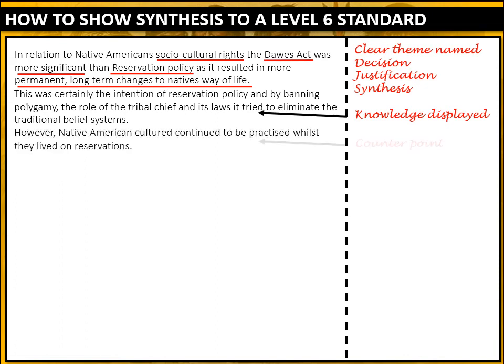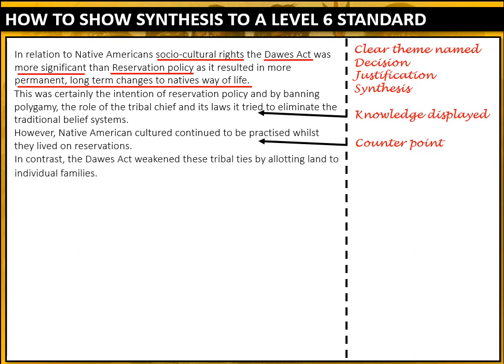But then what I do is I weaken that argument by saying, well, however, Native American culture continued. So I'm starting to chip away at reservation policy because my decision is that the Dawes Act is more significant. But then I use one of my kind of comparing phrases.